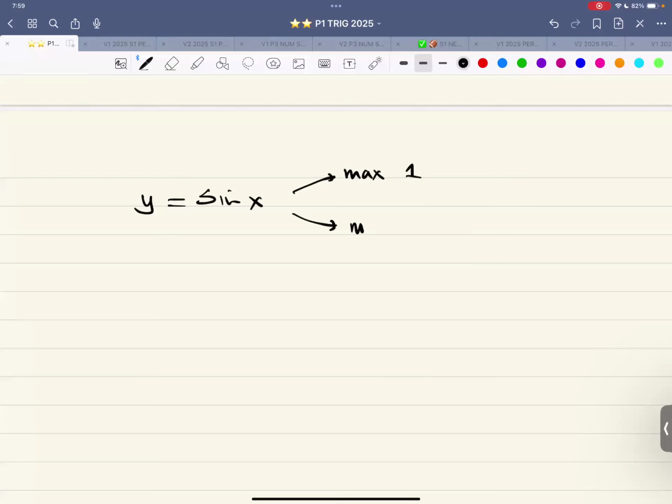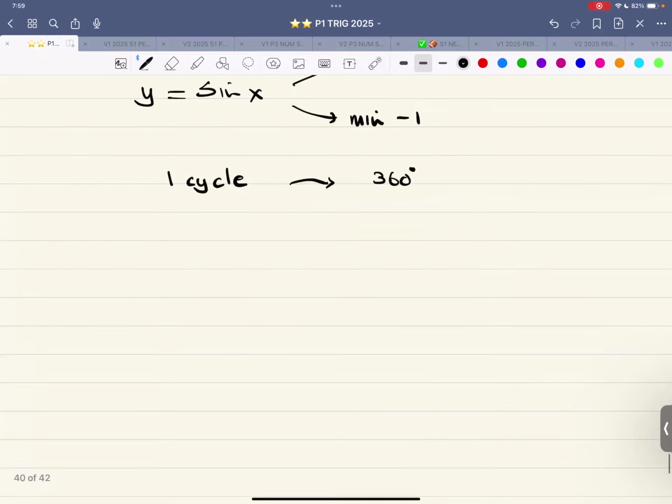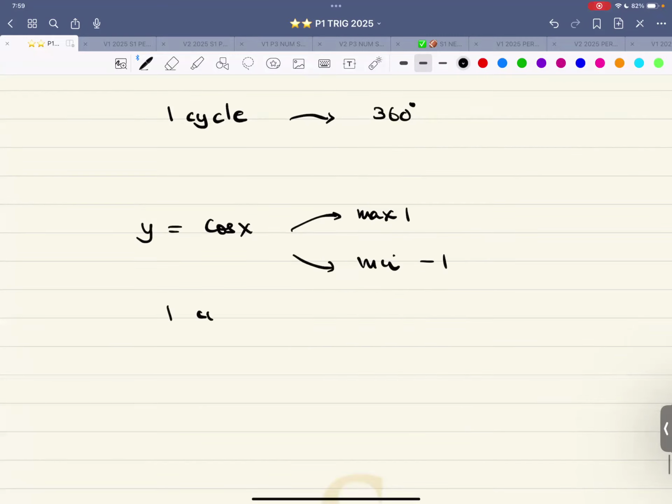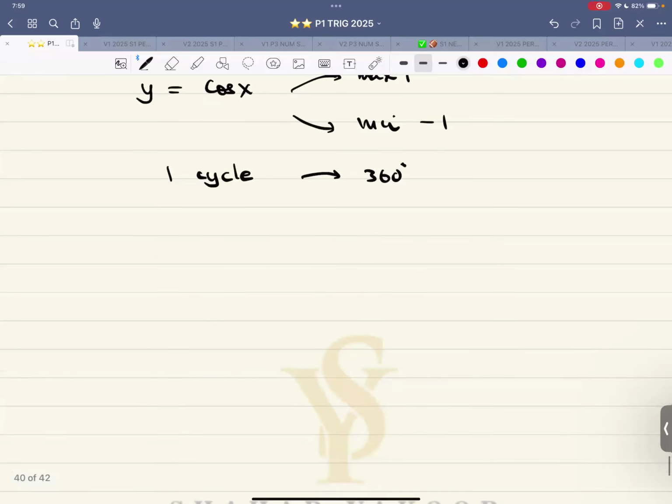The minimum value of sine is -1. One cycle, one wave, is completed in 360 degrees. Y equals cosine x. Maximum value is 1. Minimum value is -1. Again, one cycle is completed in 360 degrees.